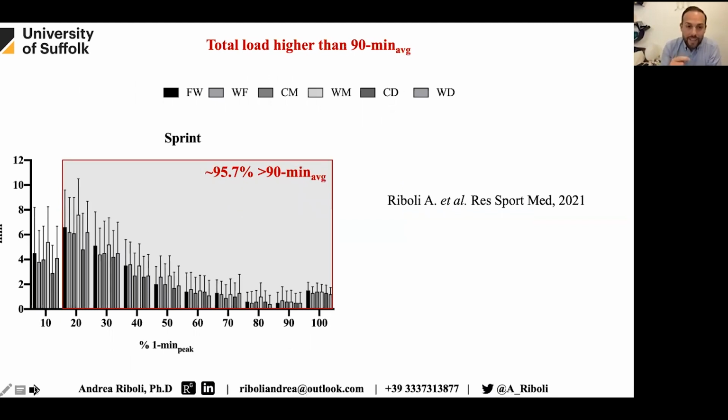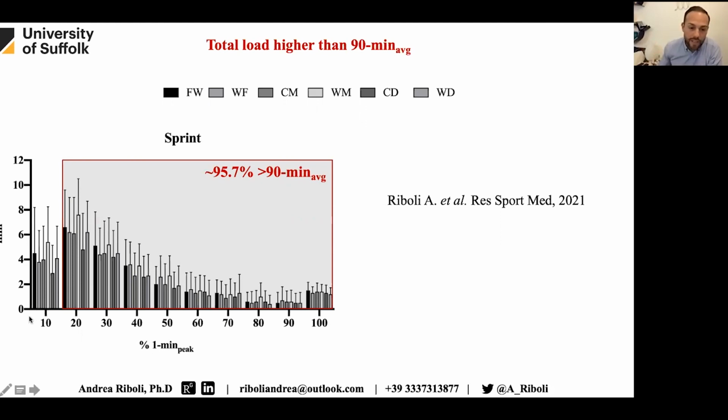Recently, we also tried to investigate some information that could be useful to manage the positional exercises in our players, because when it is required to create some supplemental activities, we also need an idea about how much time our players spend at different intensities during match demands.